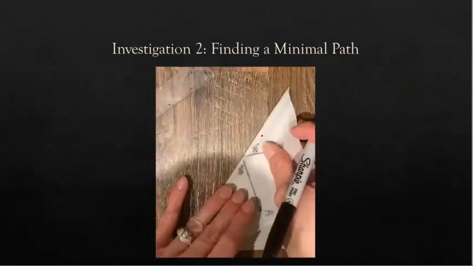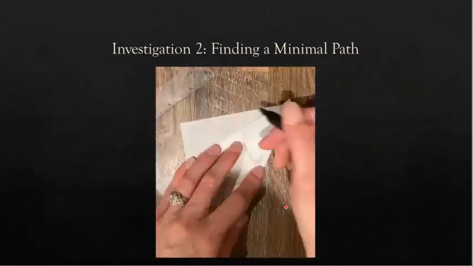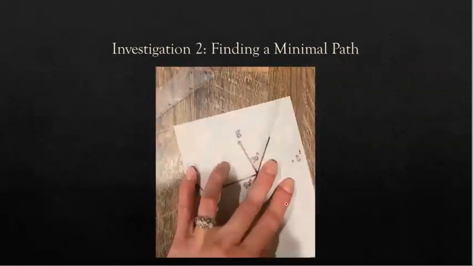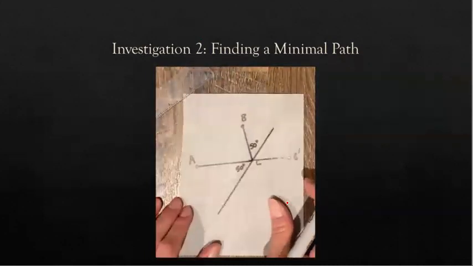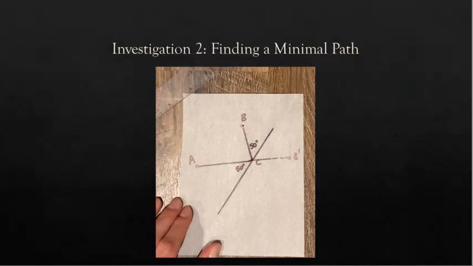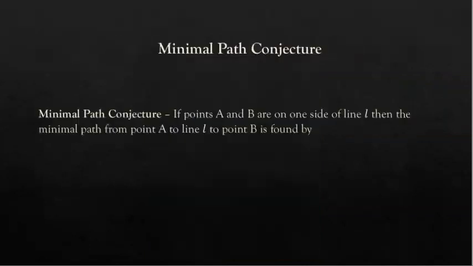And from the cushion to B, that was also 50 degrees. So that's what I was doing, sliding my protractor across. Now I'm folding to find the reflection, or the B prime. And then I can compare the distance from A to B prime as from A to C and C to B.